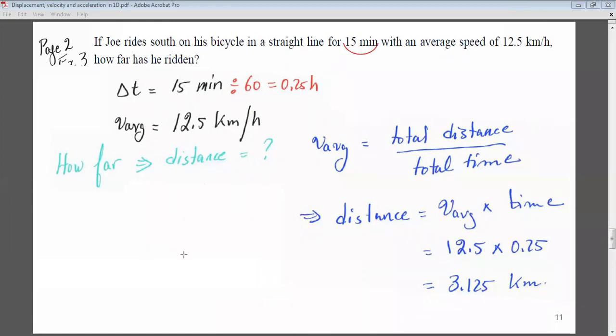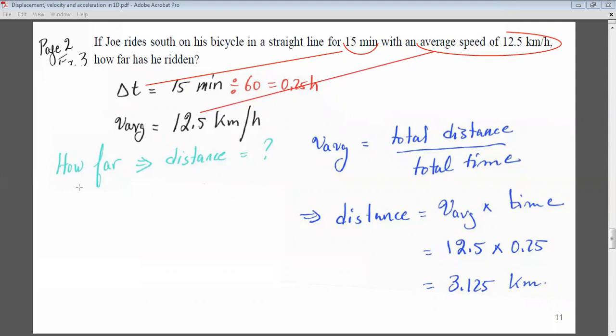This is delta T. With an average speed, so this is another important information, of 12.5 kilometers per hour. How far has he ridden?